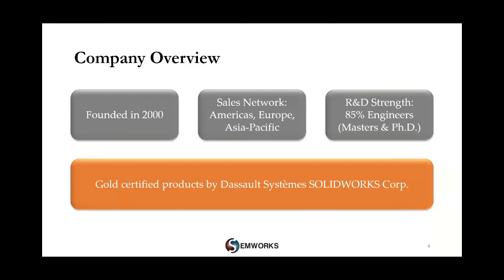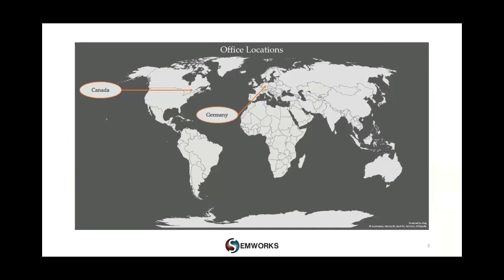Our company has a strong research and development team with years of experience in the field of electromagnetics. In addition, our products are gold certified by Dassault Systems SolidWorks Corporation since 2008. As you can see on the screen, we have 2 office locations. Our headquarters is in Montreal, Canada, and we have another office in Germany in the Europe region.